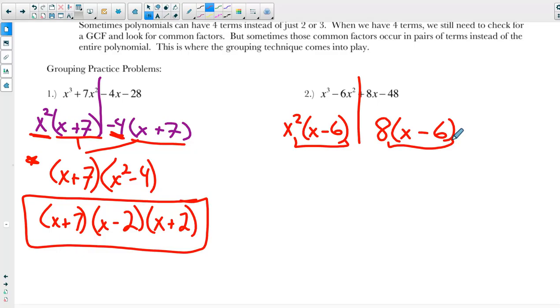Matching. So we got the matching set. I want you to try to put it together, and then we're going to compare and see if we got the same thing. Can you factor that further?